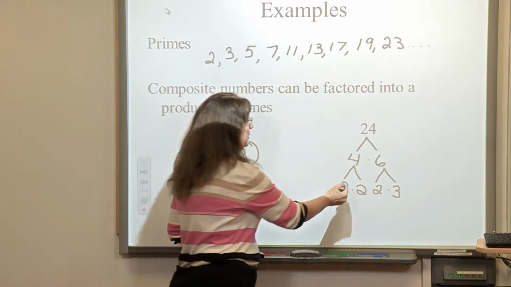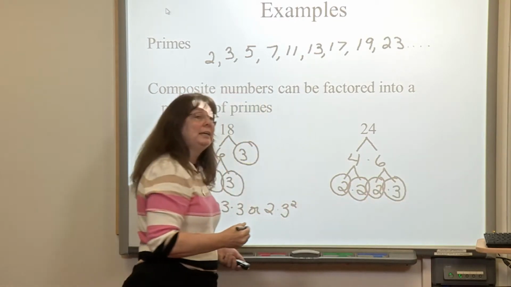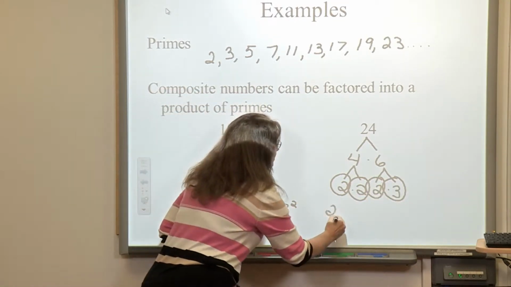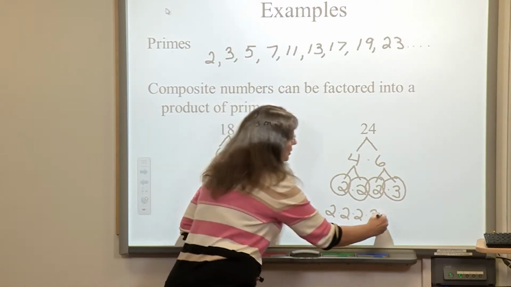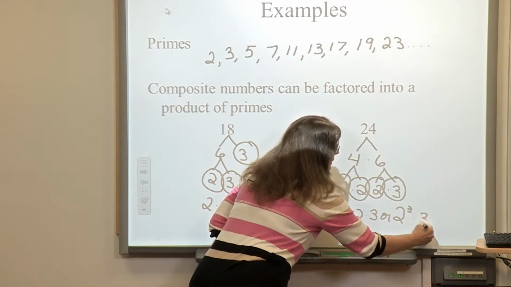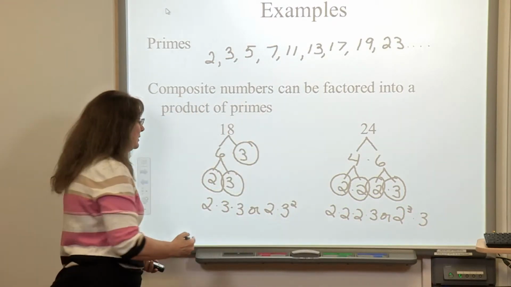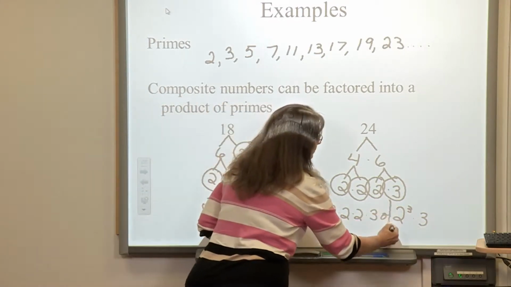All the values that we have at the end are going to be prime values. So we're done breaking it down. We have 2 times 2 times 2 times 3, or you could write it as 2 cubed times 3. These represent the product of primes for our two numbers.